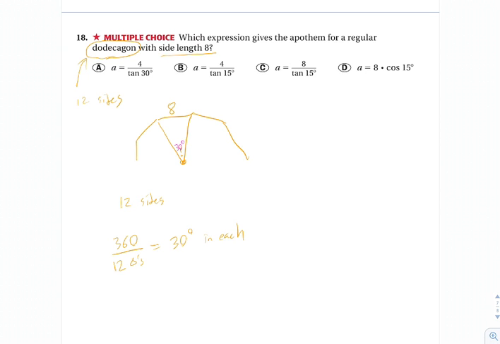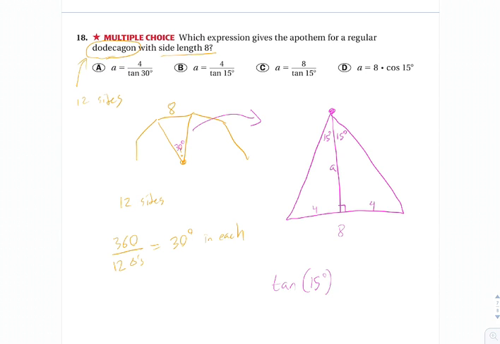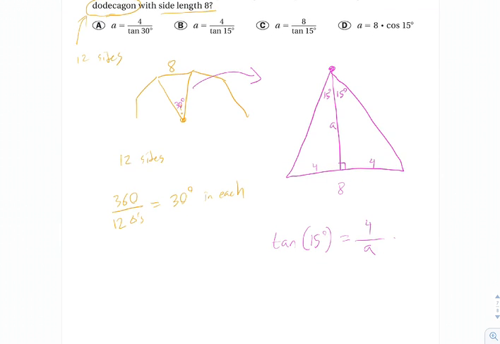So pulling this off to the side, I'm going to flip this over a little bit. We've got a 30 degree angle up top that we're going to split in half, 15 degrees on each side. We've got a base that had 8, and we're going to split it up into 4 and 4. So if we want to find the apothem, that's going to be the tangent of 15 degrees equals the opposite 4 over the adjacent A, multiplying by A on both sides.